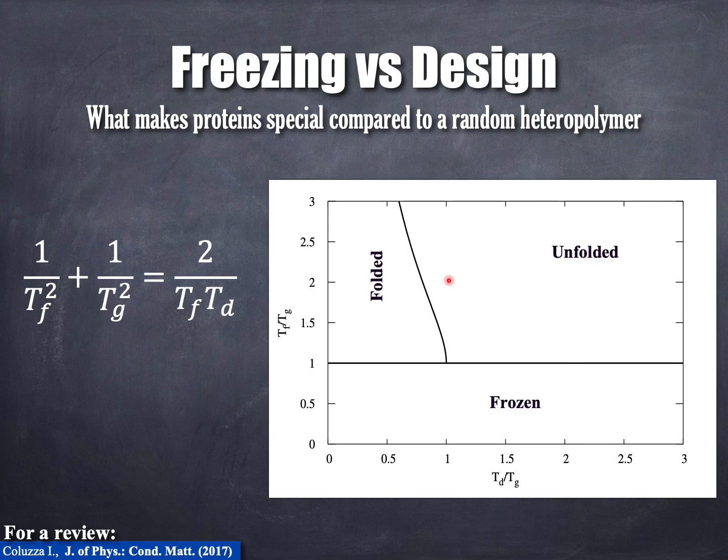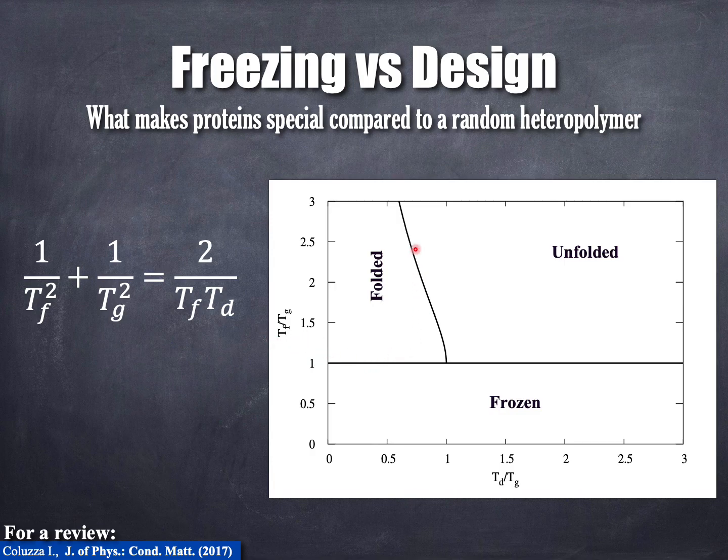We can draw such a phase diagram where we see that there are regions that depend on whether the particular system was obtained with a design temperature that is above or below the glass transition temperature, and whether the system was refolded with a temperature above or below the glass transition temperature.